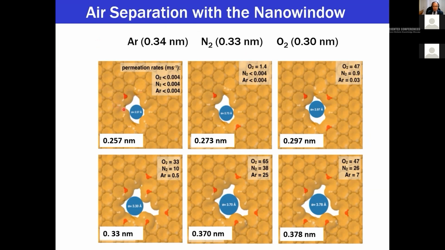This nano window rim has oxygen or hydrogen. Then we examined the permeation rate by molecular dynamics for different nano window sizes from 0.257 to 0.378 nanometers.